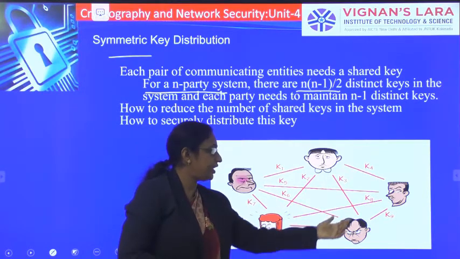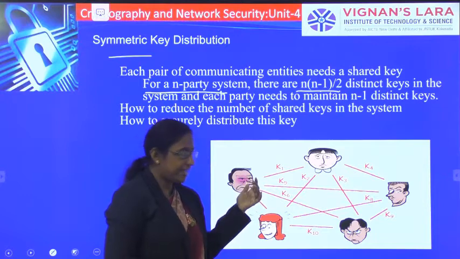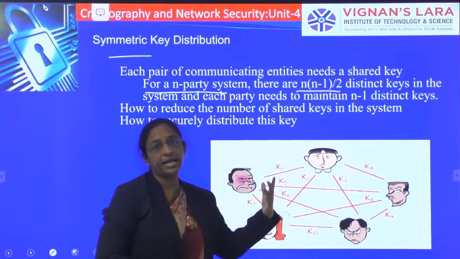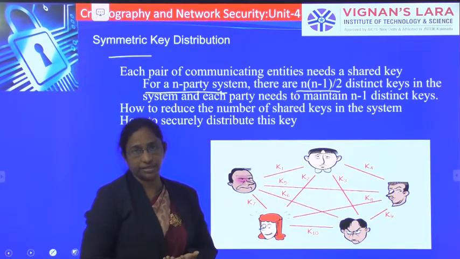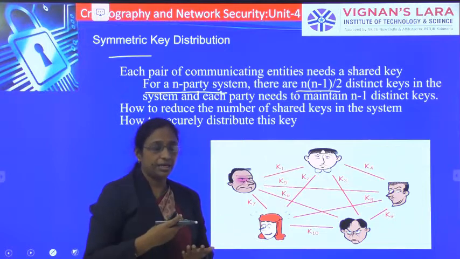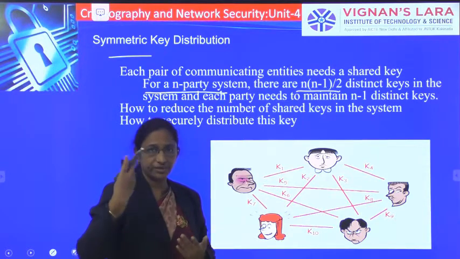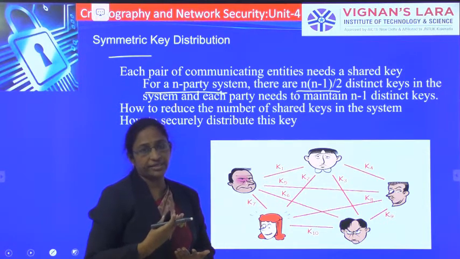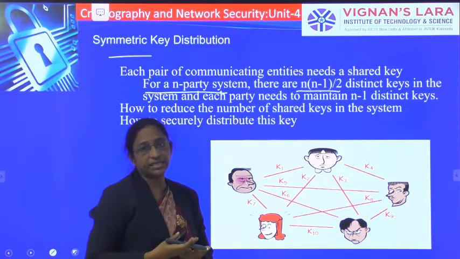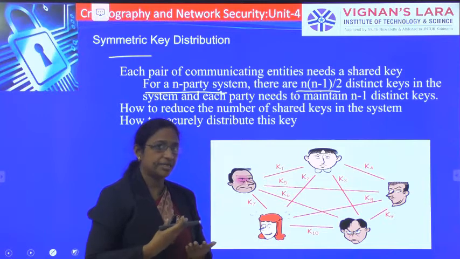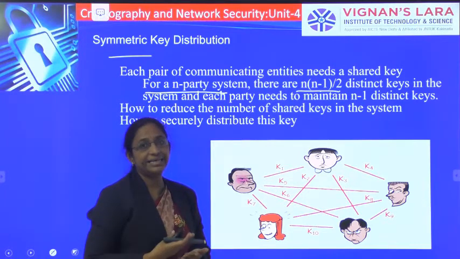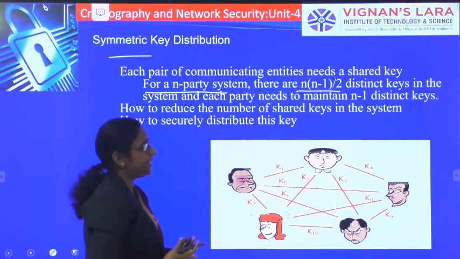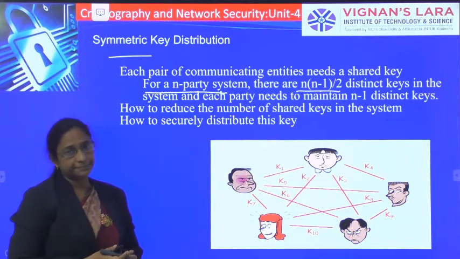Similarly, if it is 10 persons or 20 persons, as the number of persons grows, the number of keys that have to be kept secret and shared secretly increases. So it is somewhat of a burden.